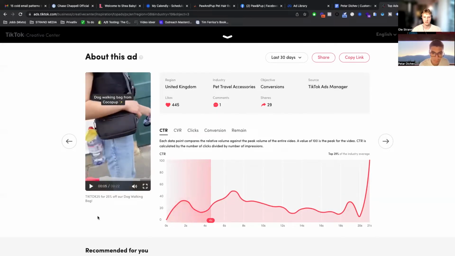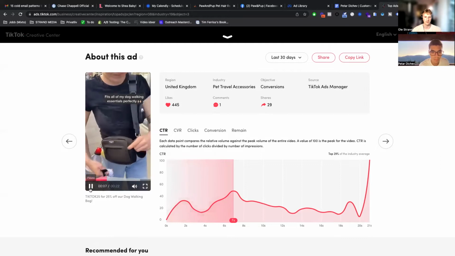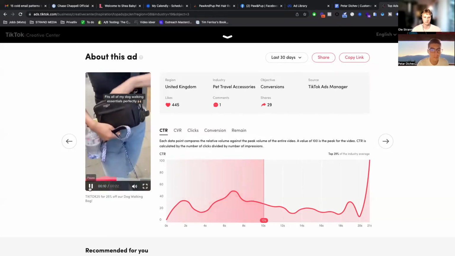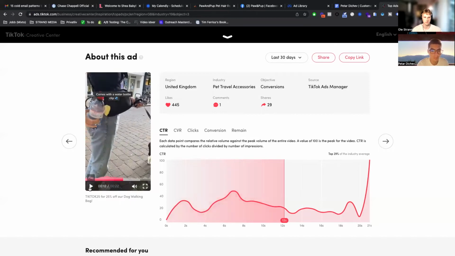And then you basically just make sure that the frame changes frequently. So it's not static, it's not boring, it changes. So it went from one frame to another frame now. Do you hear the audio? No, I can't hear it. Okay, so it's a voiceover. So it's good to have a voiceover that matches with the text overlay.